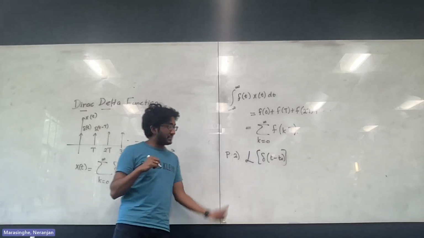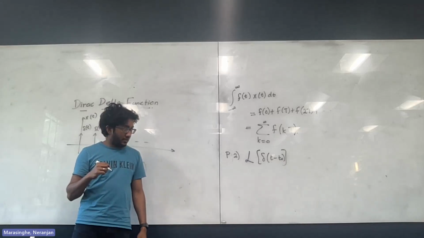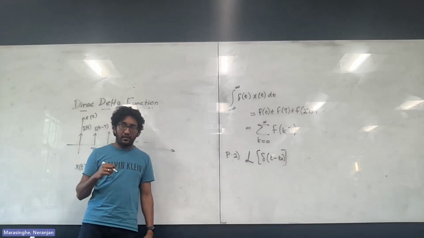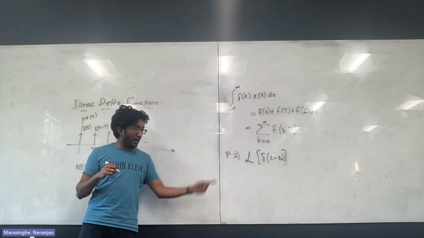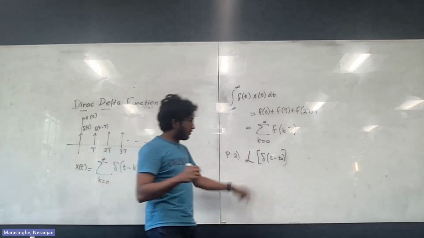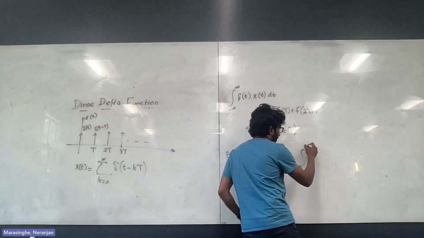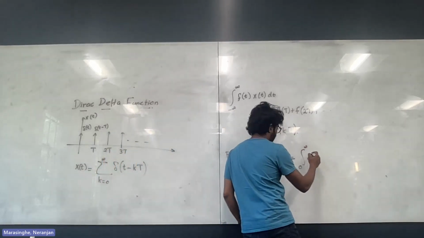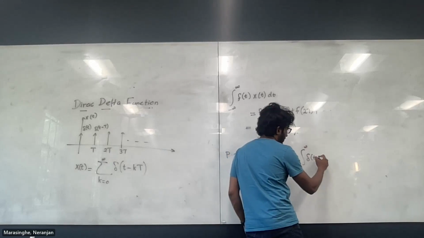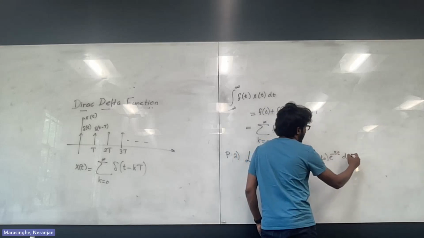We would get an exponential, like e to the minus s t naught. We applied the previous property that I mentioned. What is the definition of the Laplace transform? It is the integral from 0 to infinity of the function, delta t minus t naught, times e to the minus st dt.